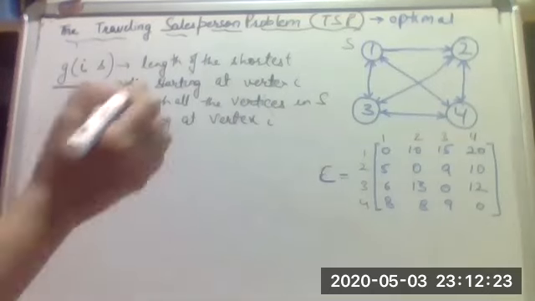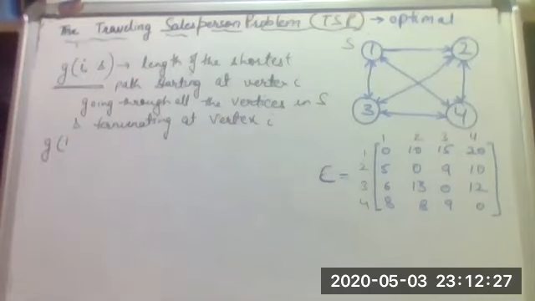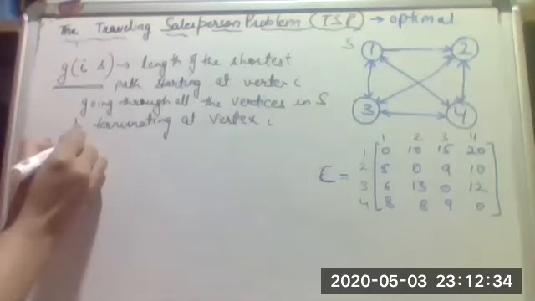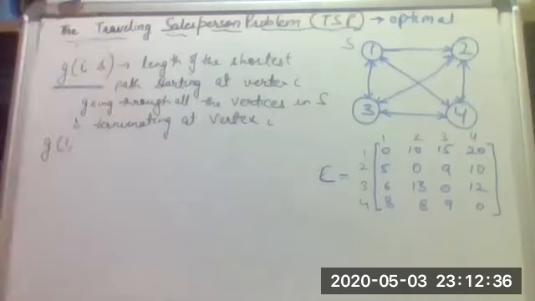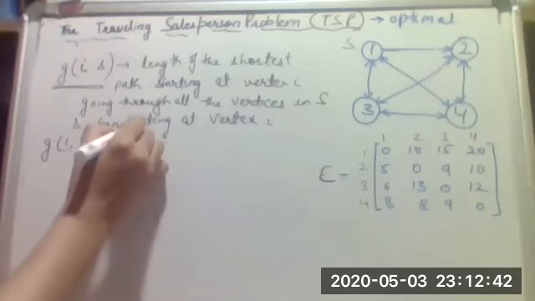So if we are stating that we are going to start from vertex 1, in our case i is 1, and the set of vertices that it should go through is V minus 1, the remaining vertices.